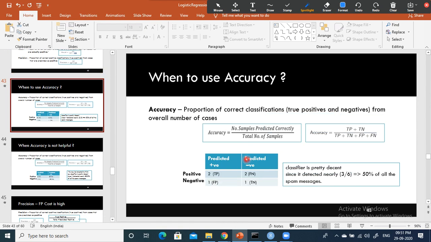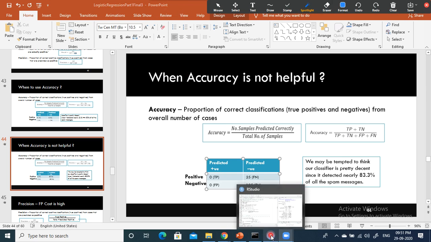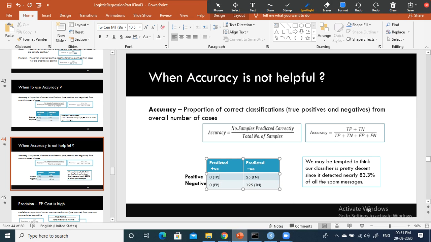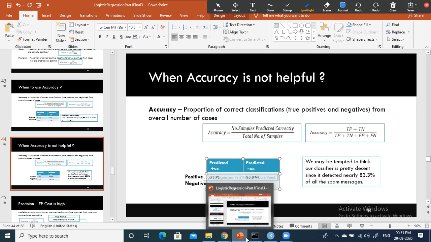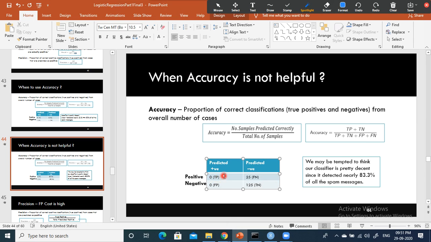Even in this case also, you cannot rely on accuracy when your true positive is 0. Okay, if the data is imbalanced and the true positive is also 0, then something is wrong. Because we are interested in predicting the positive only, but if that itself is 0, that's something wrong.